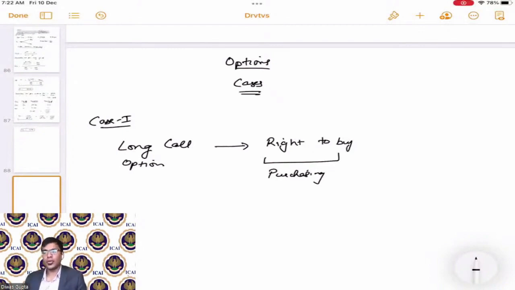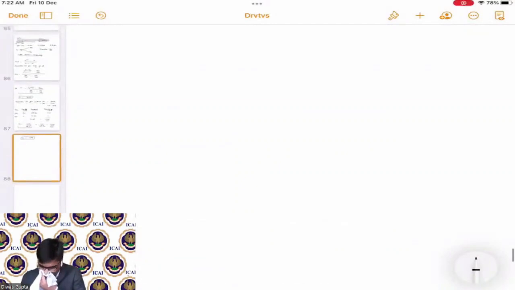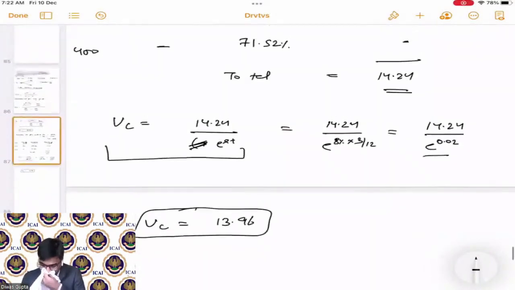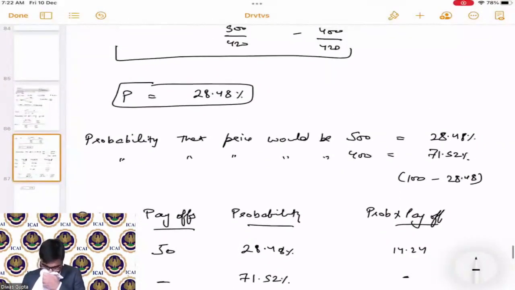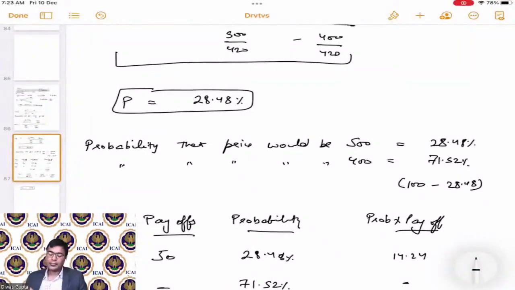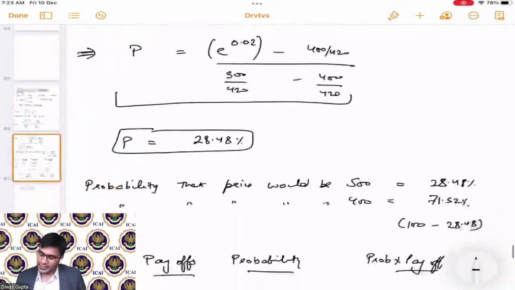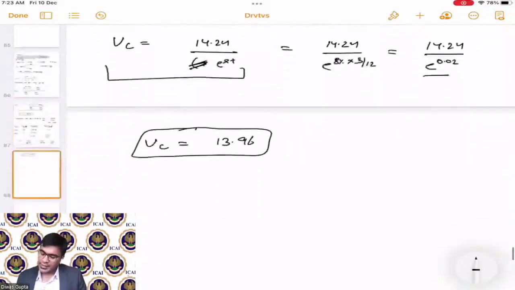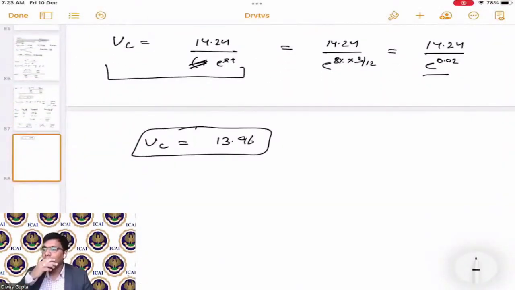So Naveen, okay, no issues, no doubt. Jitendra is asking if paid premium is given in the question, then is it also added in the value of option. Jitendra, essentially, this is the premium only.